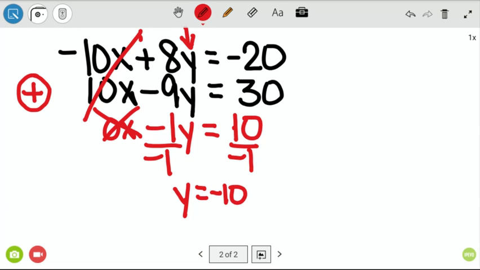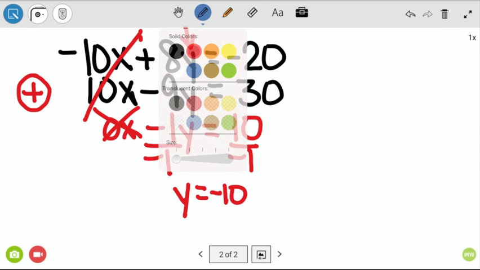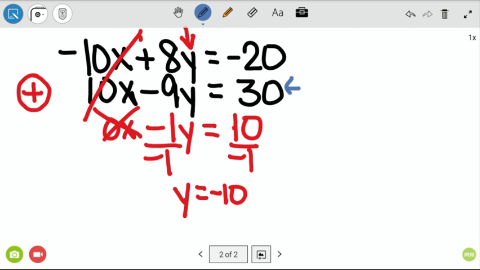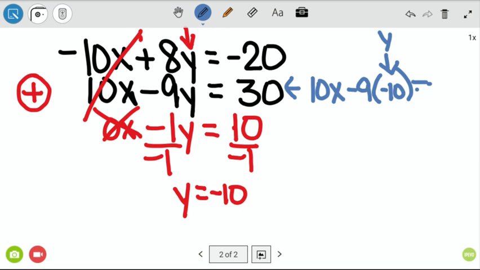What we do is we will take this and plug it in. It doesn't matter which equation you choose. I'm just going to choose this one, 10x minus 9. But now I know instead of a y, I know that value is negative 10, so I plug that in. This is the y that I solved for, and that's equal to 30.